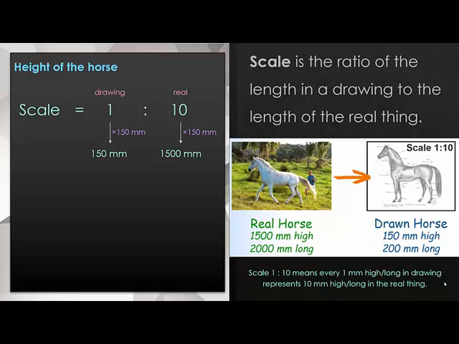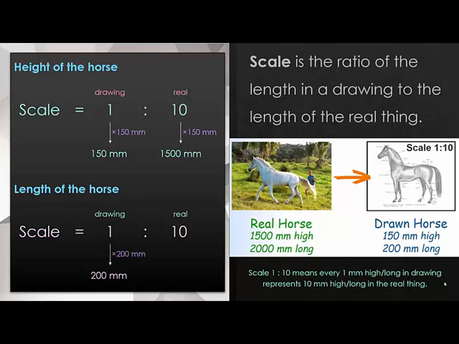Now let's see the length of the horse. With the scale 1 to 10, 1 here is the length in the drawing, and 10 here is the length in the real thing. So if in the drawing the length of the horse is 200 millimeters, then 1 times 200 millimeters equals 200 millimeters.